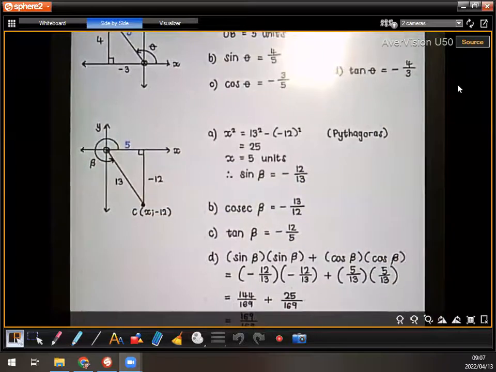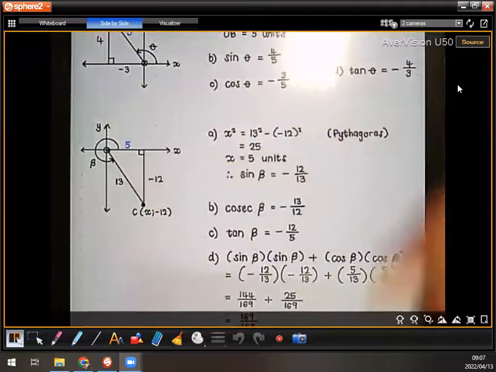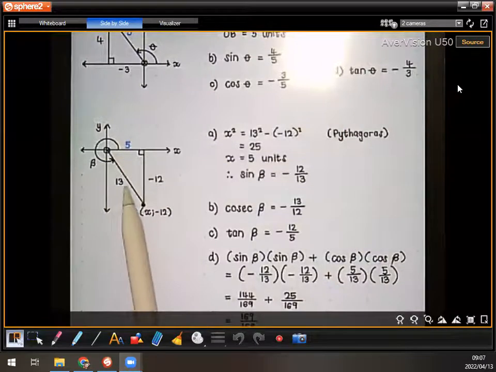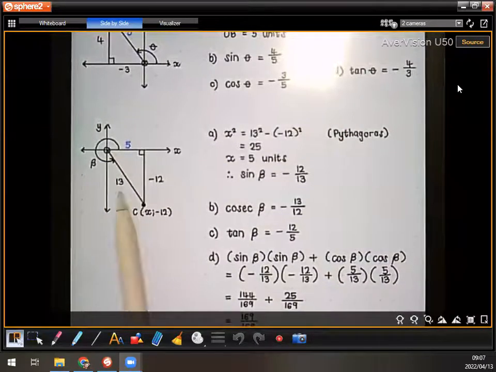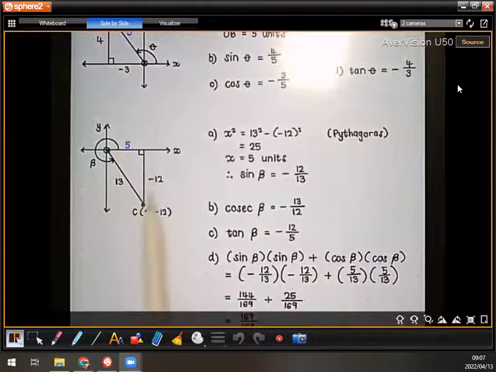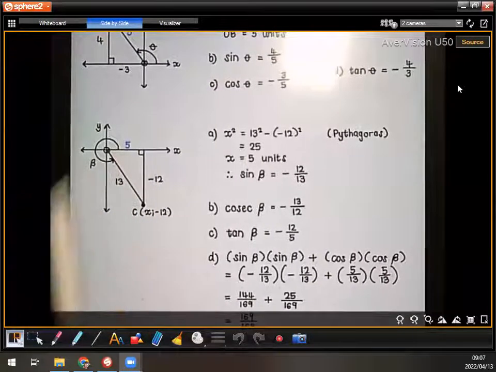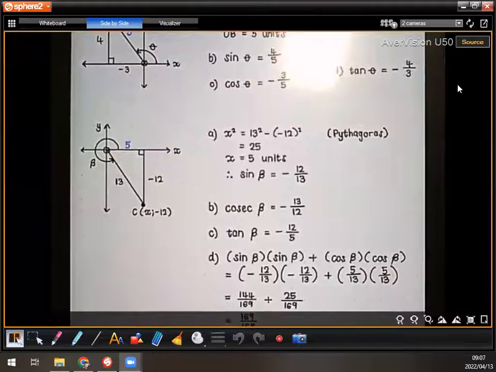Number 6, oh, they didn't, but they said in words OC is 13. So they did give you that length, but it wasn't drawn on the picture. Then you need to use Pythagoras to get that side. It is a Pythagorean triple, guys. So you could have just said that x is 5, Pythagorean triple. And that would have been fine. But that is the calculation if you have to do it.